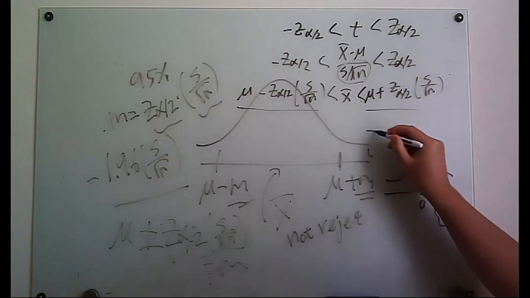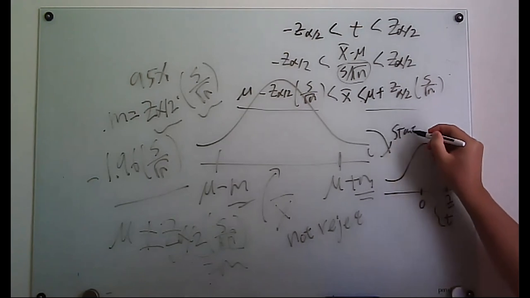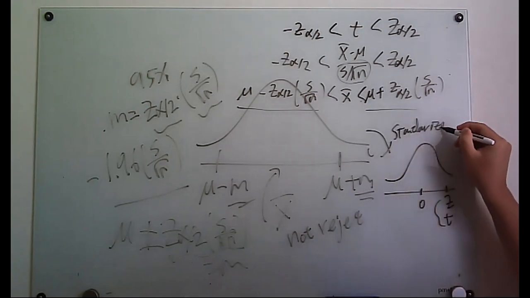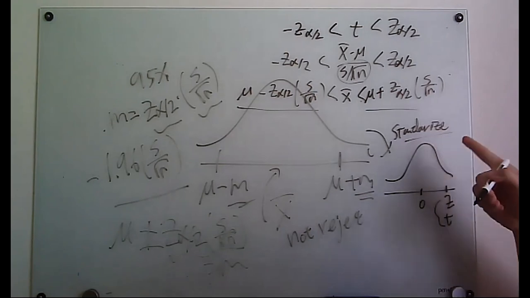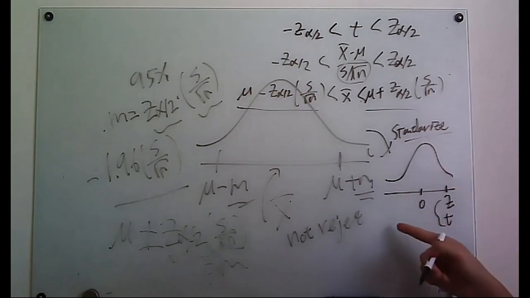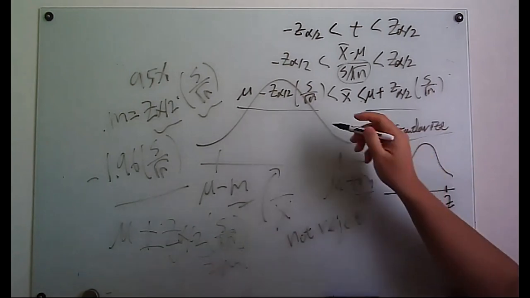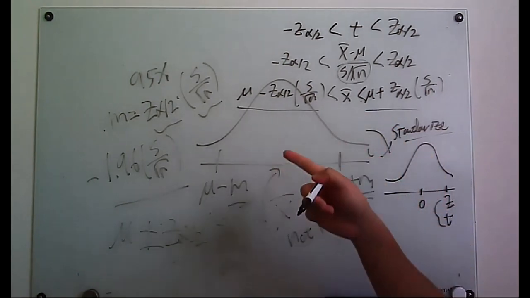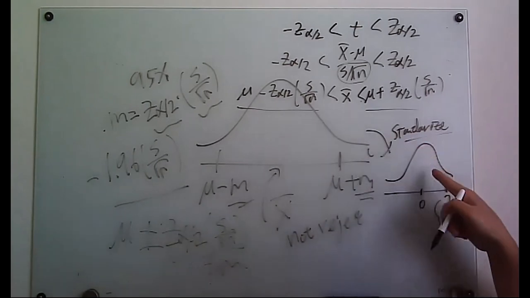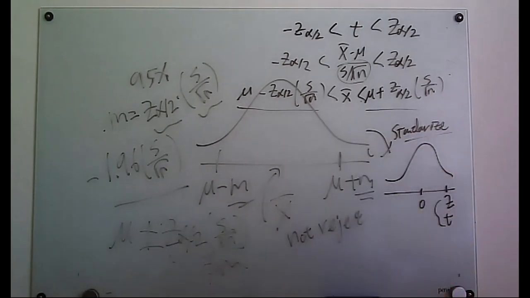This was after you standardize it. We learned this in chapter 6 and a previous chapter as well. So this one and this one are slightly different. This one is based on the actual value, but this one you standardize. That is the main difference.